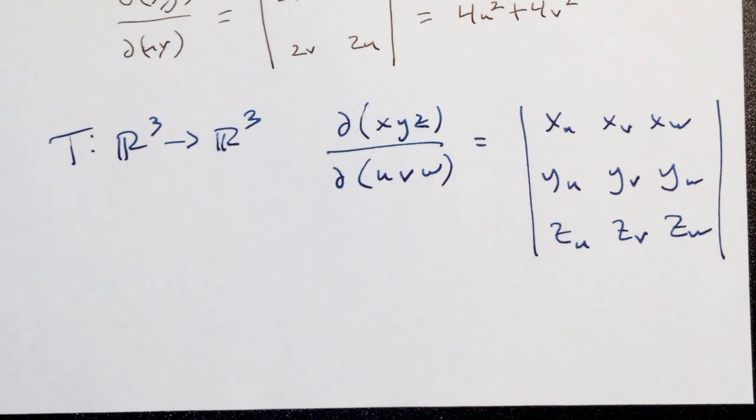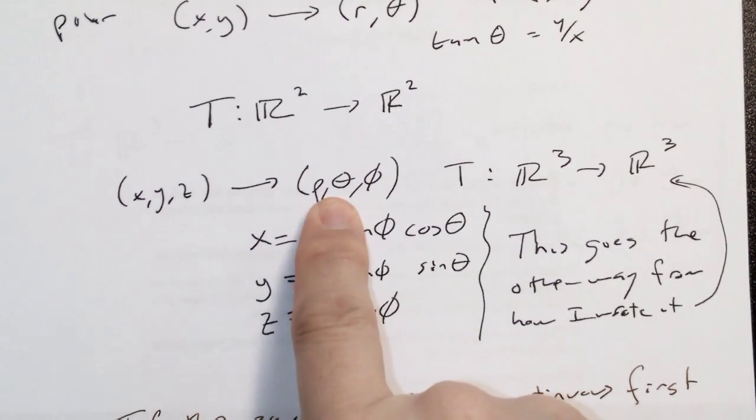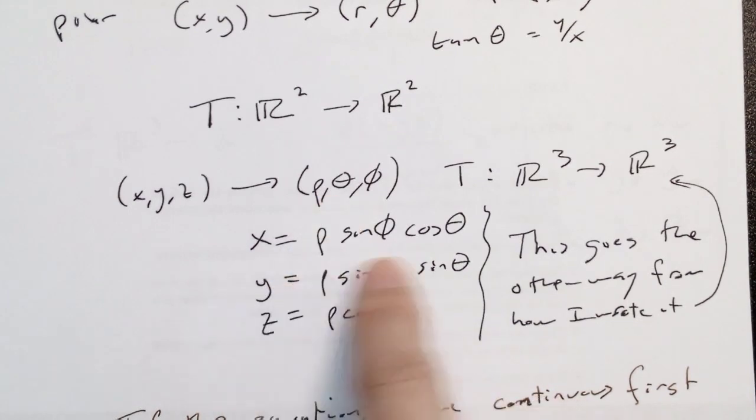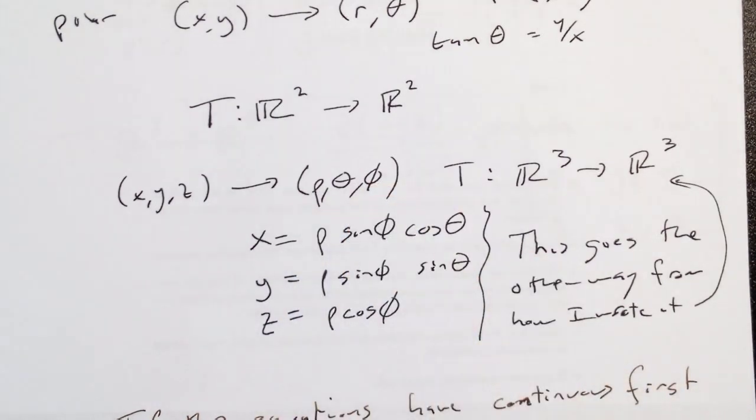I watched you do it. And that's spherical, isn't it? So instead of u, v, w, I have rho, theta, and phi. And it's got to be in this order, because that's the way I wrote the coordinate system down. Regardless of where they show up in here, it's this order for my partial derivatives, which means I can do the Jacobian of this.